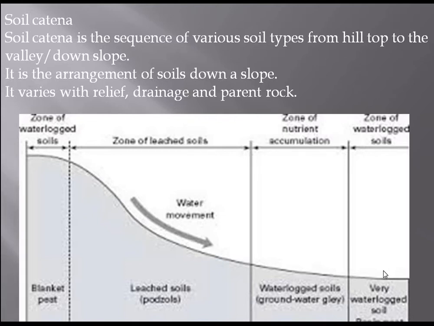So, the soil catena is a sequence of various soil types from the hilltop to the valley down the slope. Now, the various soil types: on top, we have the sandy, stony, rocky skeletal soils, which normally influence the growth of thicket and shrub vegetation on top of hills.